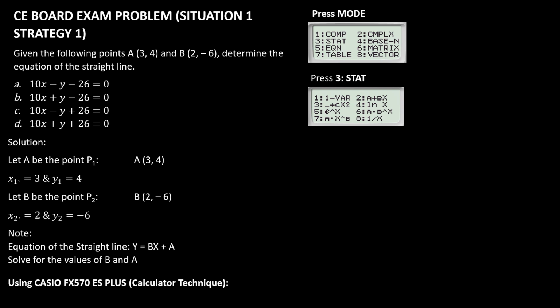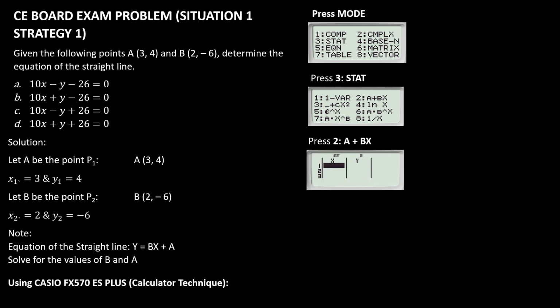And then we have to pick 2, which is a plus bx. After pressing and choosing 2, a plus bx, the monitor will give us this. And we have to input the following values now of x sub 1, y sub 1, x sub 2, and y sub 2.